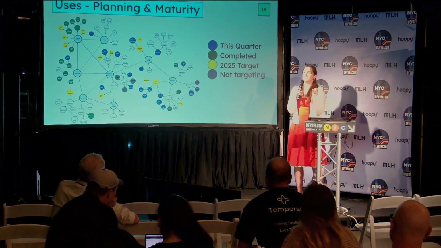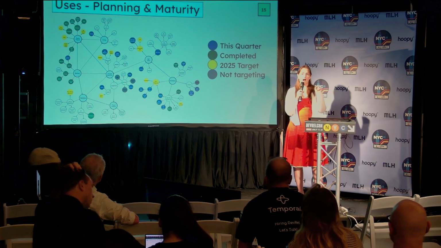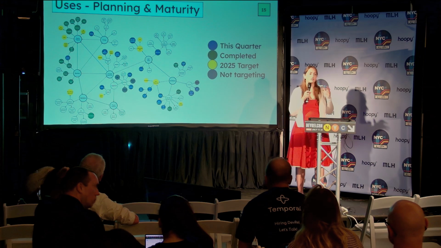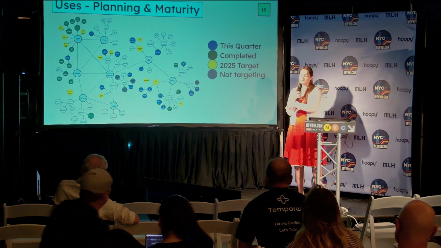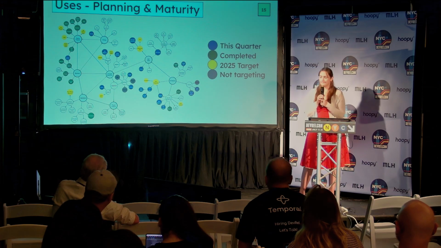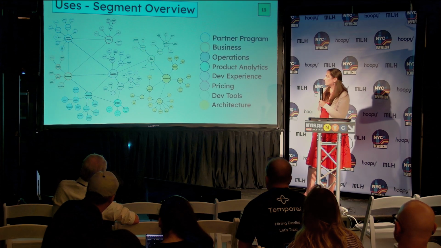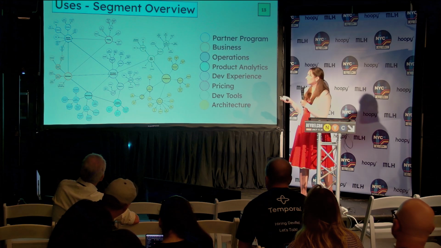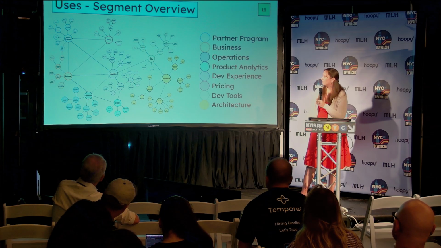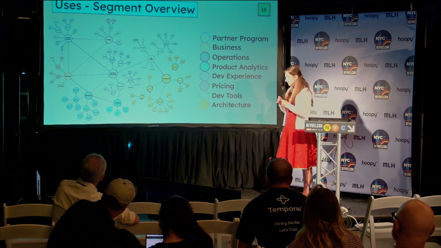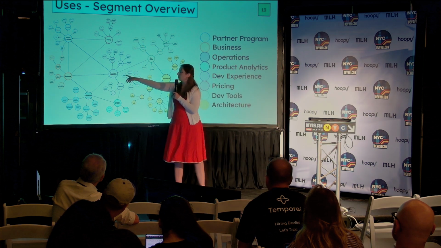Totally. So while I want to make clear this is the internal functions, there are external functions on here too. So let me go back two really quick. For example, developer experience over here, we have outreach.